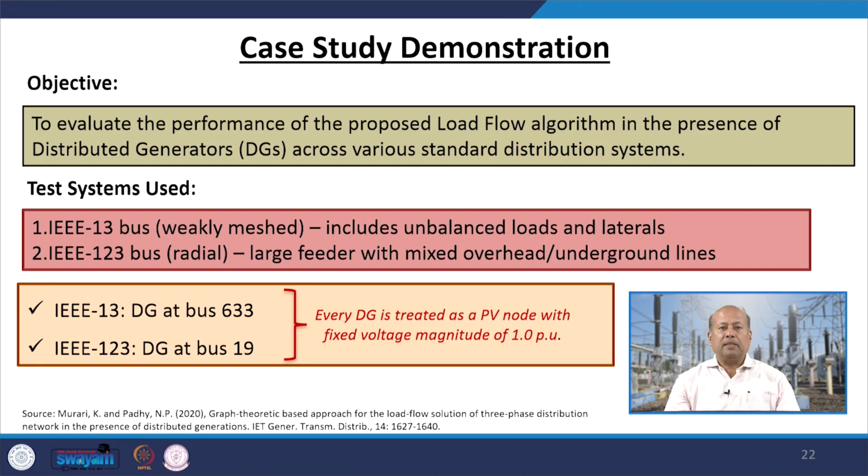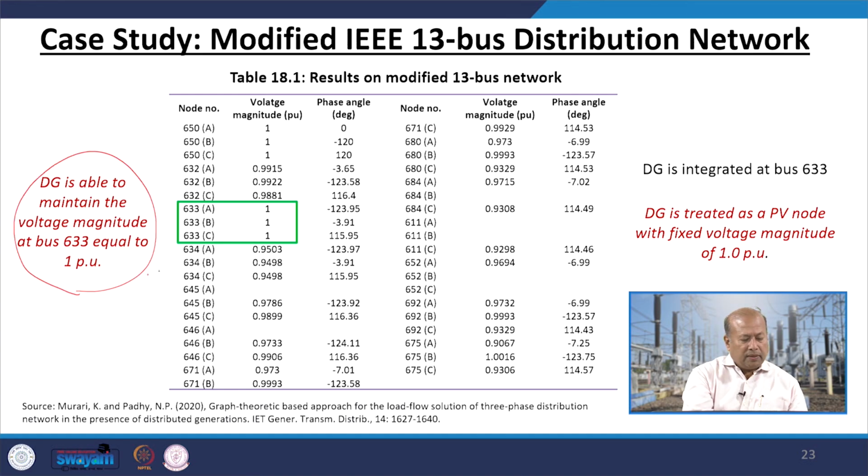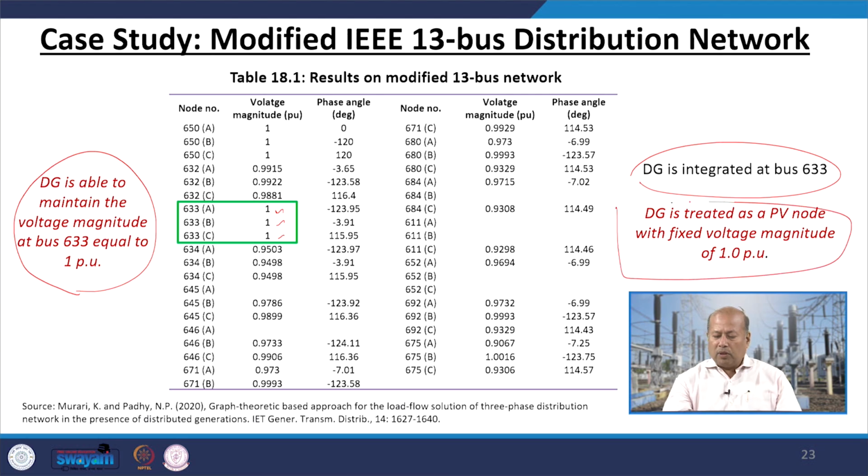Every DG is treated as a PV node with a fixed voltage magnitude of 1 per unit. Now this is the modified IEEE 13 bus distribution system. DG is able to maintain the voltage magnitude at bus number 633 equal to 1 per unit, and DG is integrated at bus number 633, treated as a PV bus with a voltage magnitude fixed at 1.0 per unit.